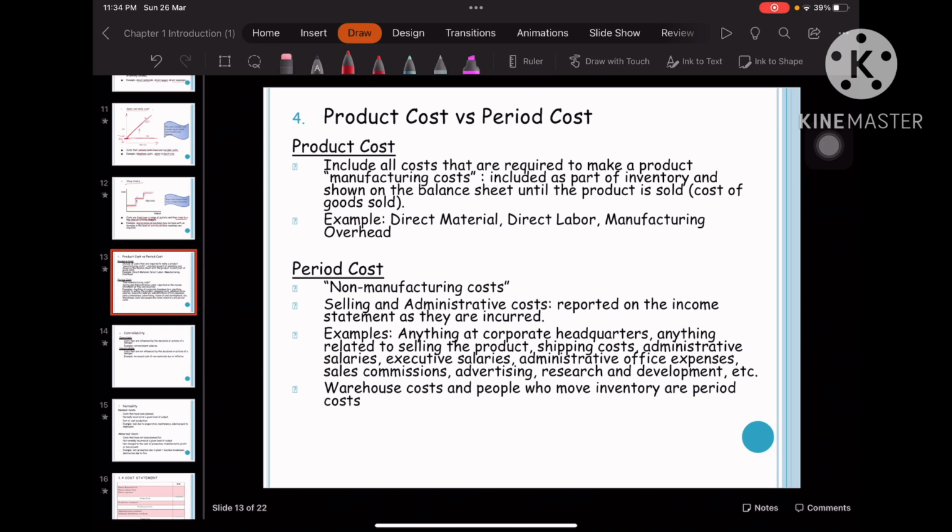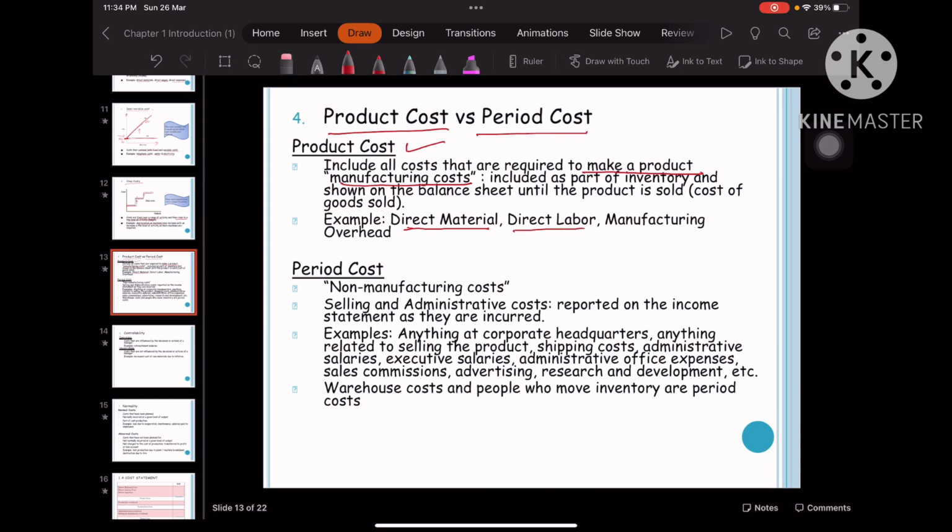Alright, now we move on to number 4, product and period cost. We would like to see what is the difference between the product cost and the period cost. Product cost is actually the cost to make a product, so it includes all the manufacturing costs. It means that we include the direct material, for example, if we would like to produce a car, we need steel, glasses, rubber and so on.